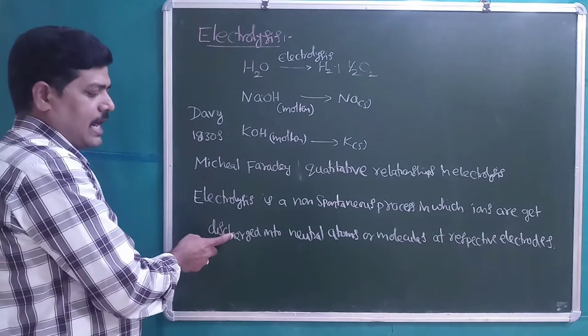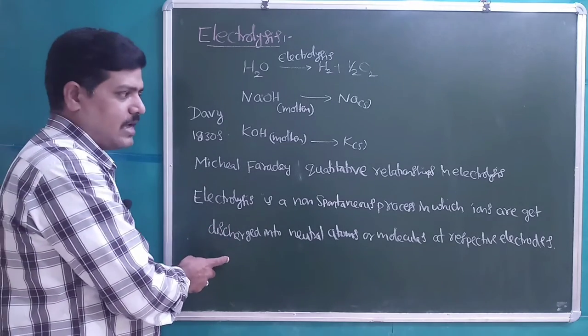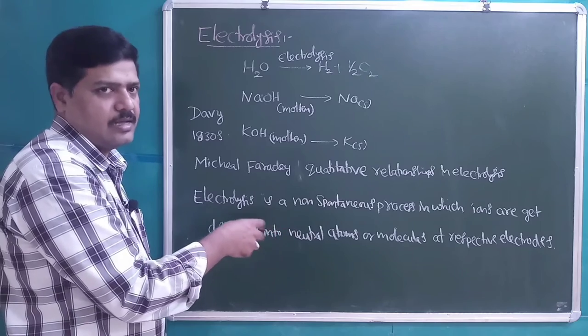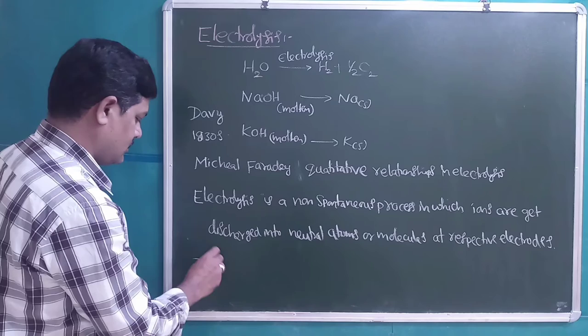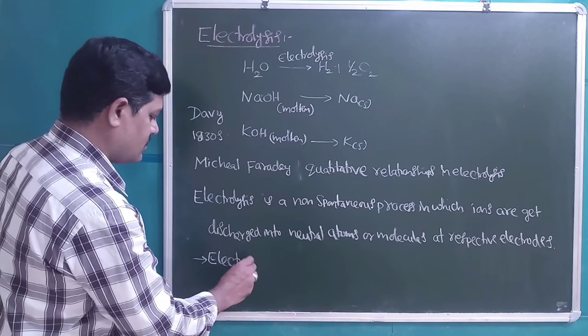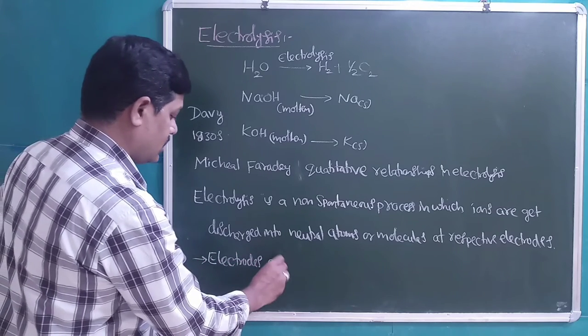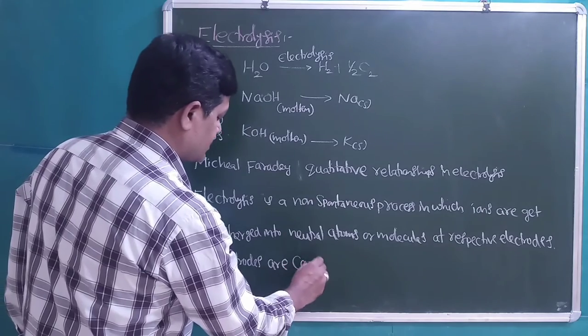That is, cations get discharged at the cathode, and anions get discharged at the anode. Electrodes are conductive terminals.